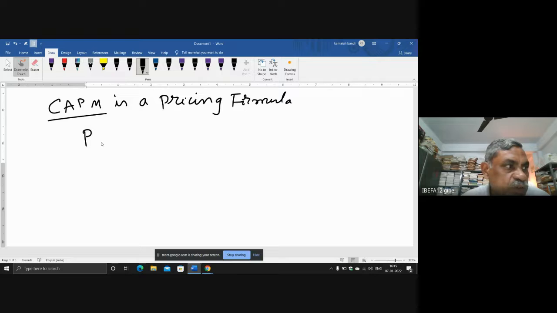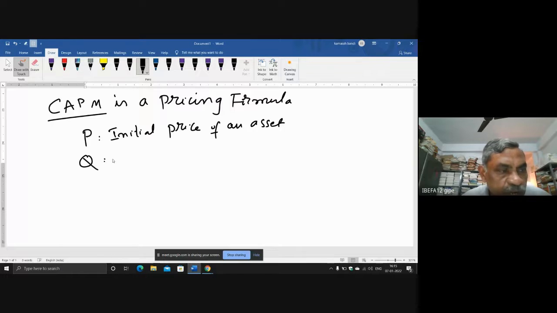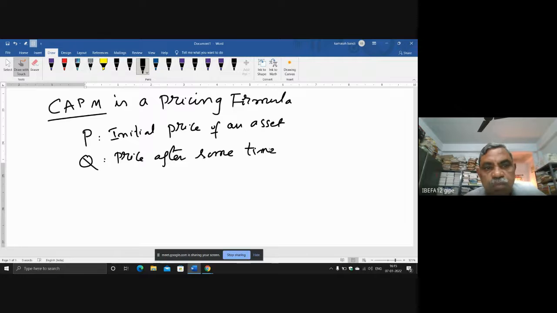Let P be the initial price of an asset. Okay. So let Q be the price of the asset after some time, or after a period of time.